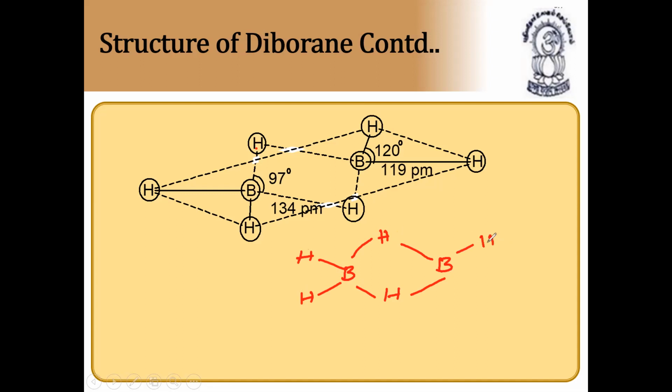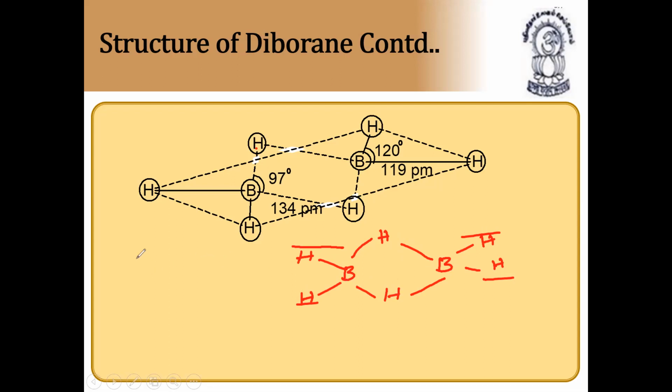These four terminal hydrogen atoms lie in the same plane, and the bridging hydrogen atoms lie above and below the plane.